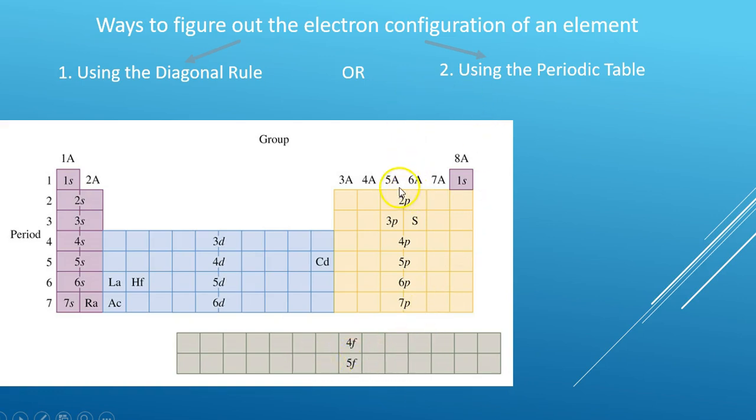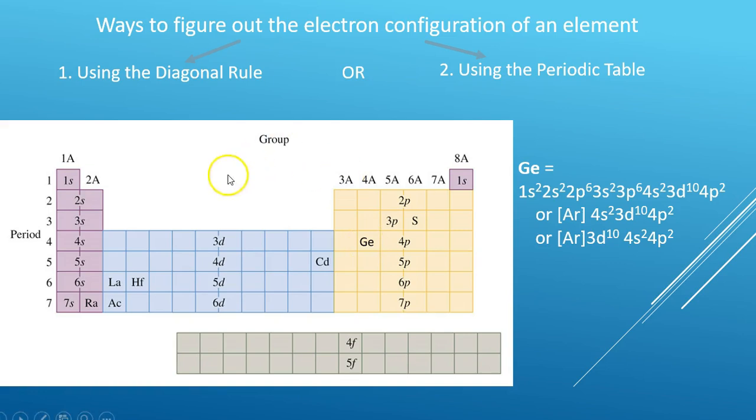So imagine that somebody is giving you the following element, germanium. So how would you write the electron configuration for germanium? Germanium is atomic number 32. So you would start by saying the 1s is filled, followed by the 2s, 2p, 3s2, 3p6, 4s2, 3d10, 4p2.